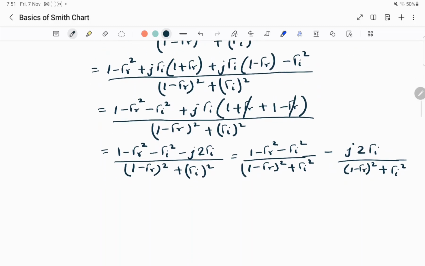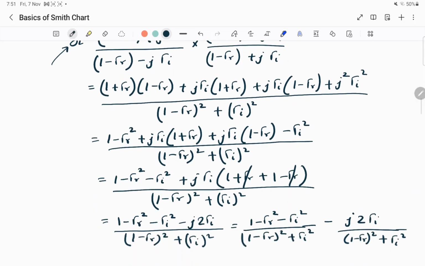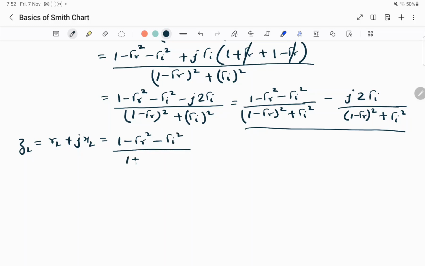So here we had the normalized load impedance. We know that the normalized load impedance zL is equal to RL plus jXL, which is equal to these two terms: (1 − Γr squared − ΓI squared) divided by (1 − Γr) whole squared plus ΓI squared, minus j times 2ΓI divided by (1 − Γr) whole squared plus ΓI squared.